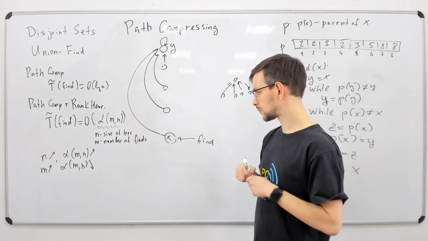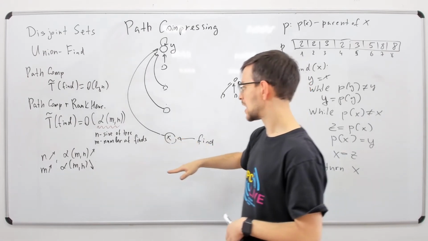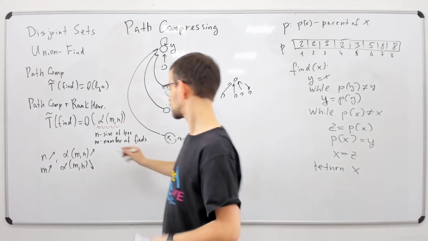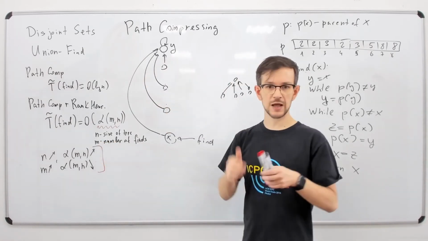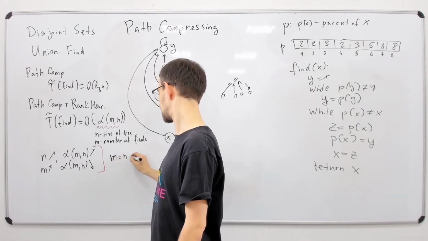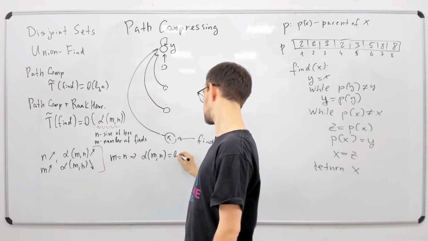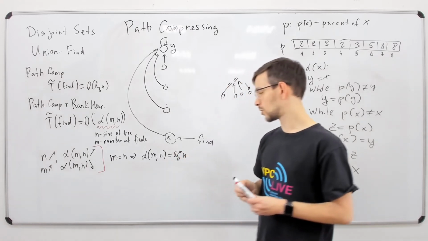We will prove the worst case for this situation. In the worst case, m equals n. So if m equals n, then this inverse Ackermann function becomes the iterated logarithm.